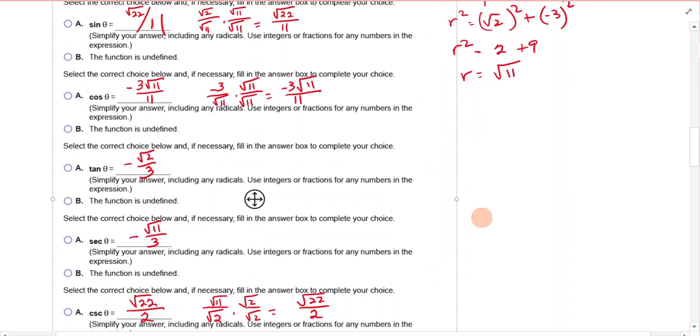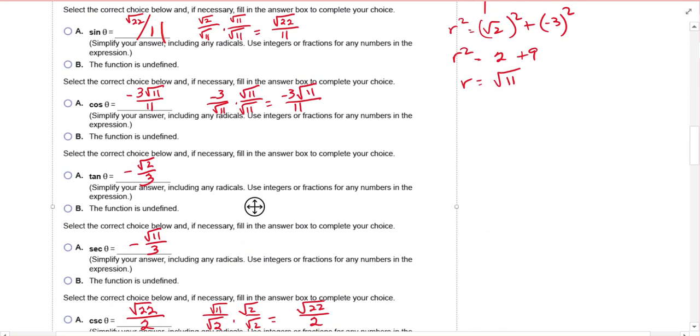Most of those were okay. For secant, secant goes with cosine. And so you want to go back to your original. So here was the original. So if we just flip that, it's negative square root of 11 over 3. Cosecant is with sine. Here was my original.